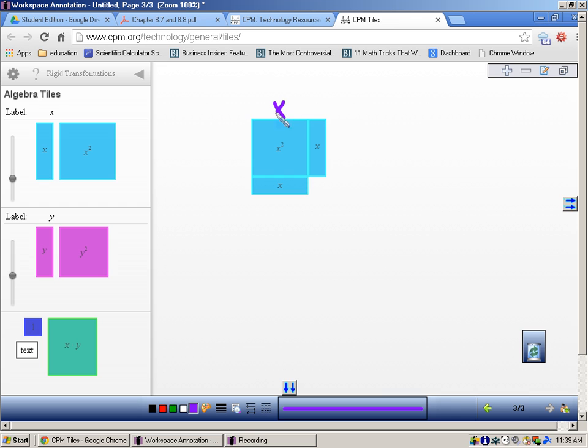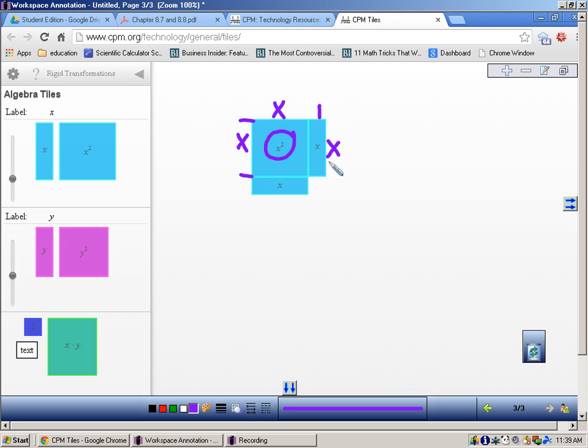The shape is x and x, which gives us x squared. And the length and width of this rectangle right here is slightly different. Since we know this distance from here to here is x, and this lines up nicely, then we know this rectangle has the same length of x, but the width is 1. So this rectangle has a length and width of x and 1.